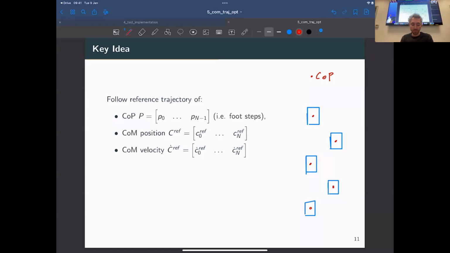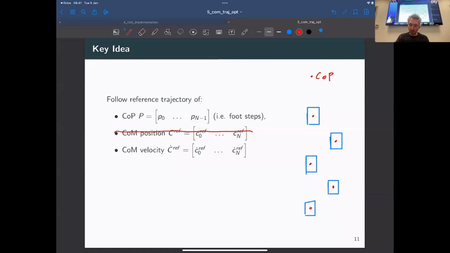And then we're going to have also references potentially for both the center of mass position and velocities. Actually, in practice, people tend not to use the reference on the center of mass position very much. We just use a reference for the velocity. So in this case, of course, the velocity reference should be possibly consistent with the footsteps.